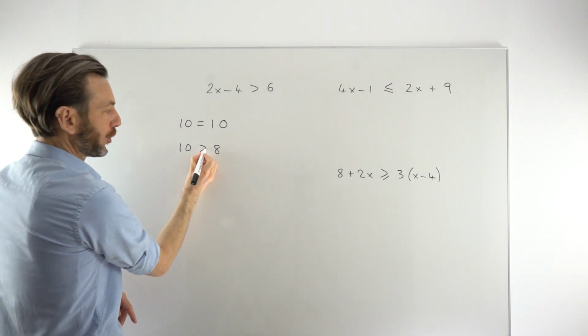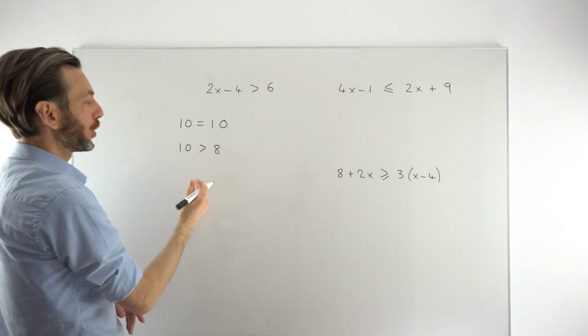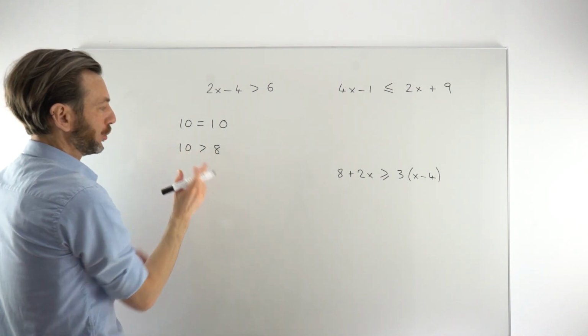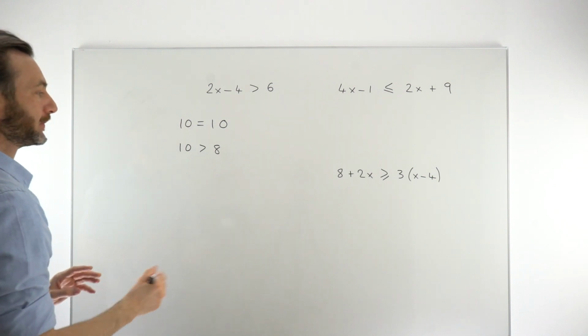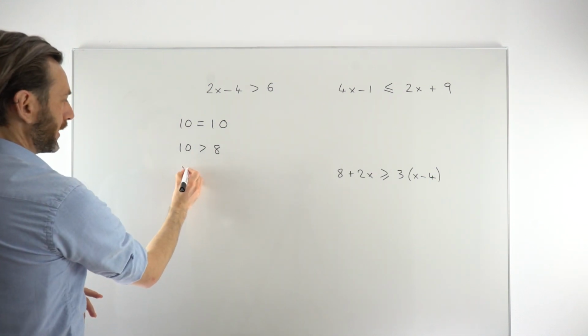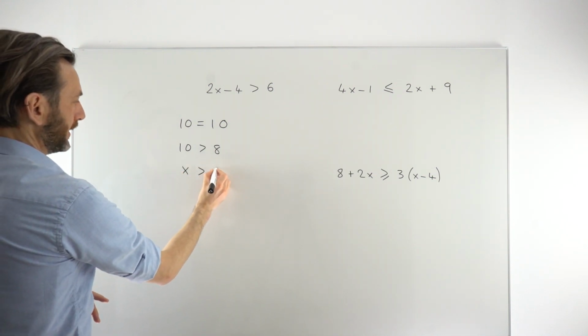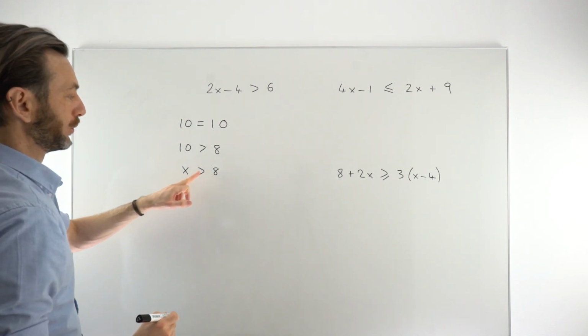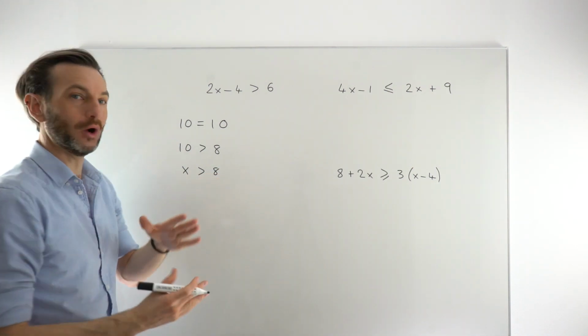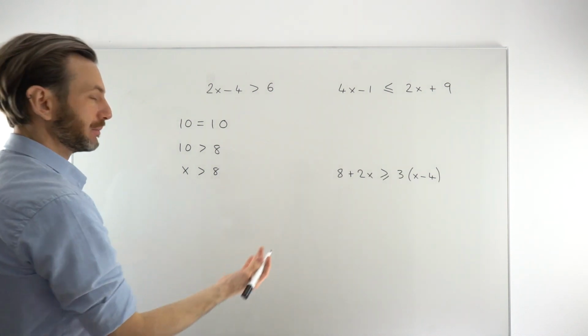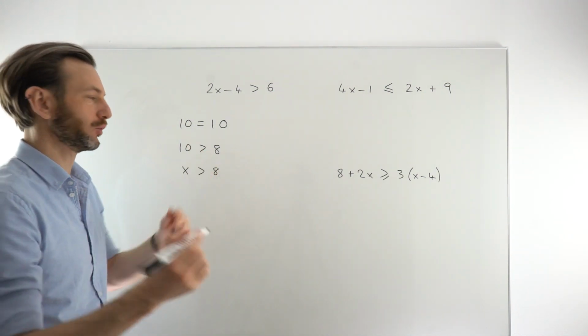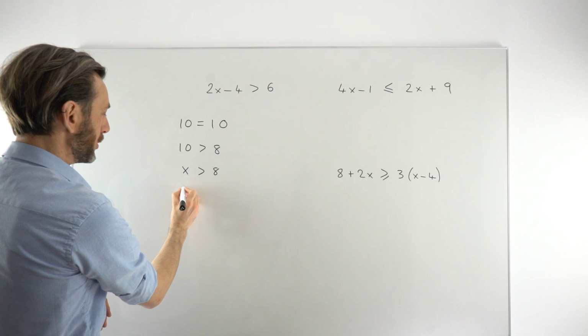The sharp end is the less than part, and the wide, open end is the greater than part. If we introduce a variable, say x is greater than 8, that means that x has to be, we call it, strictly greater than 8. So it's not allowed to include 8. It could be 8.1, could be 8.001, anything bigger than 8 but not 8 itself.